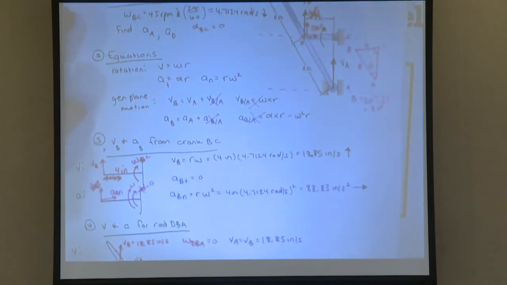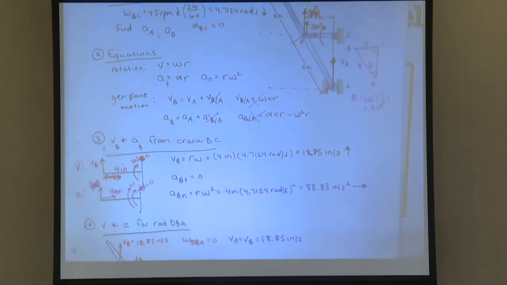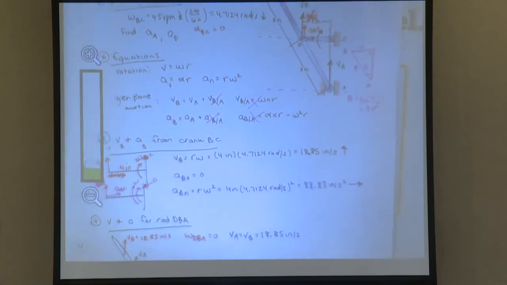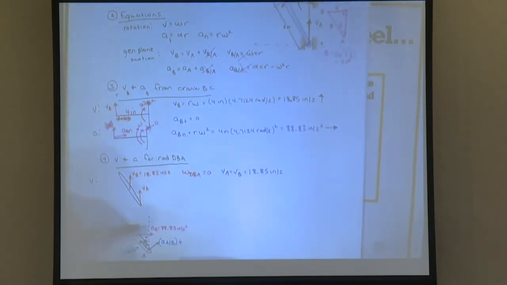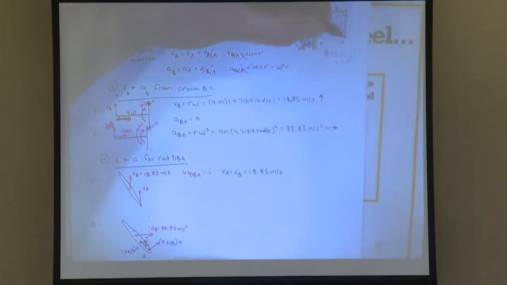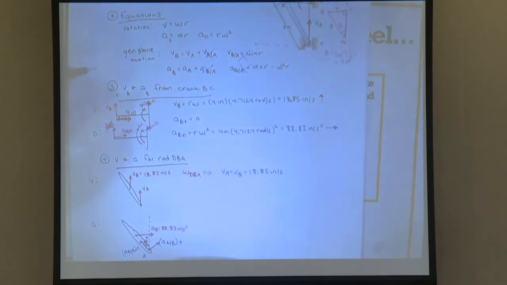I can't zoom out any farther, otherwise I would. Wait, yeah, I can. So this line that I drew here is the same vertical line that VA is moving up, or it's the same vertical line going from A to C. Good?